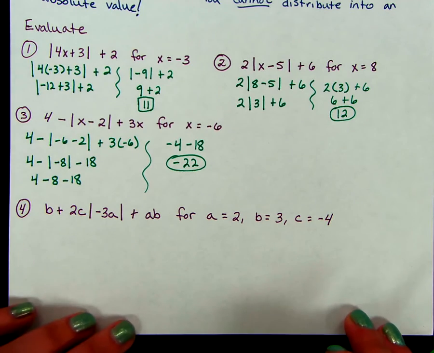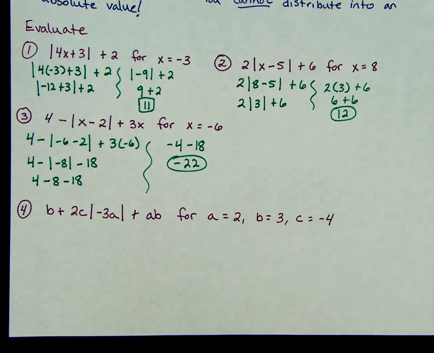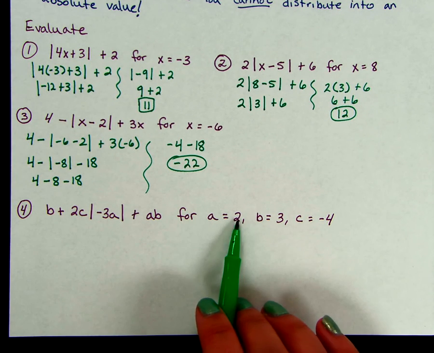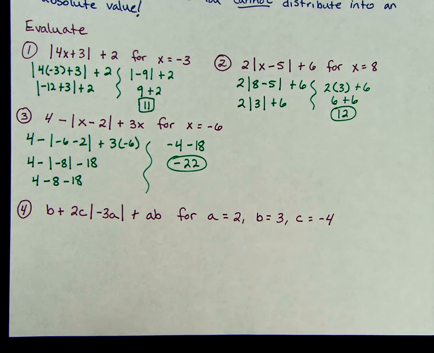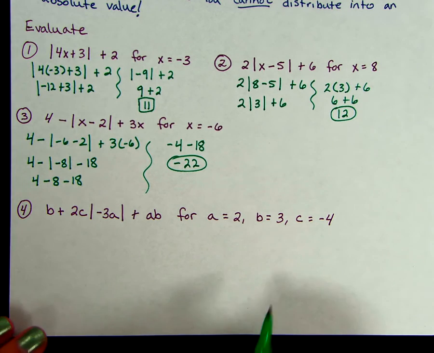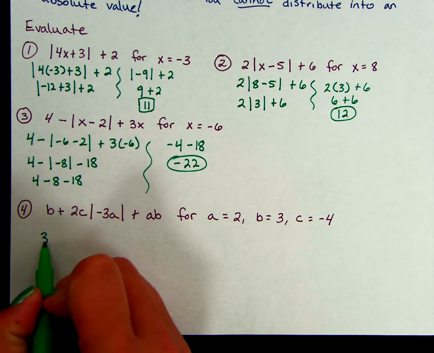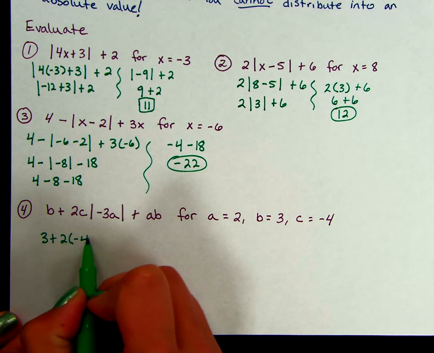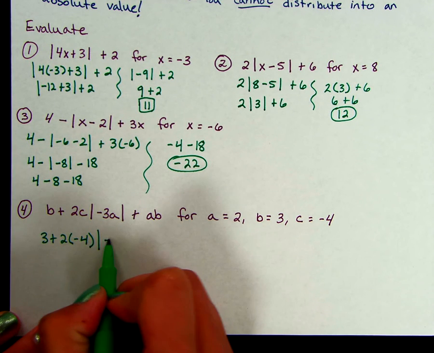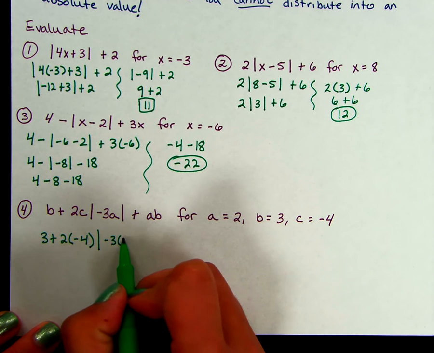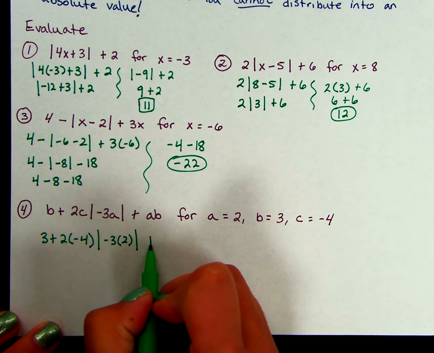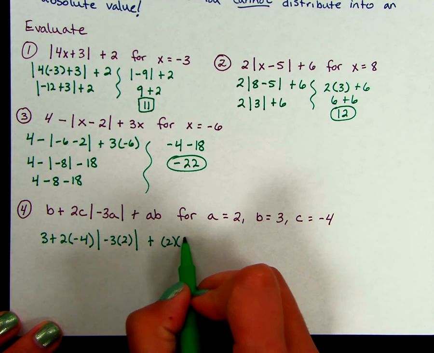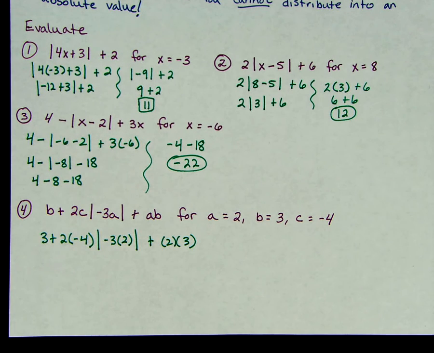All right, last one. So looks like we have several things to substitute in. So we're replacing A with 2, B with 3, and C with -4. So 3 plus 2 times -4 times the absolute value of -3 times 2, and then plus 2 times 3. Okay, so now we're just going to start our simplifying.